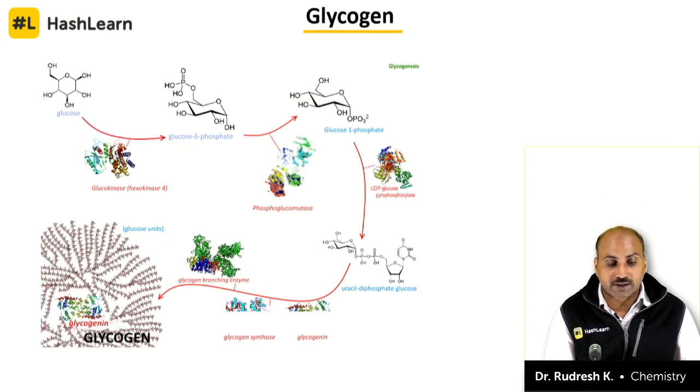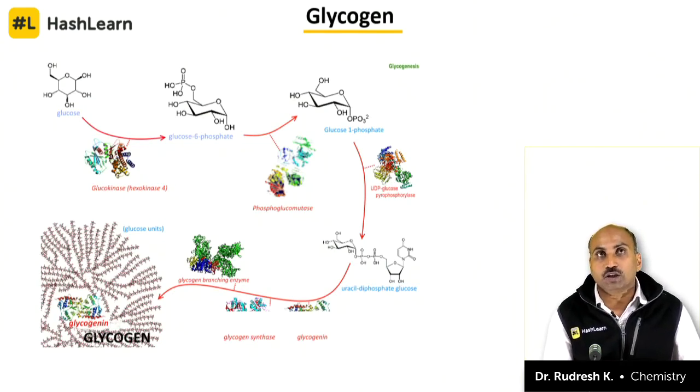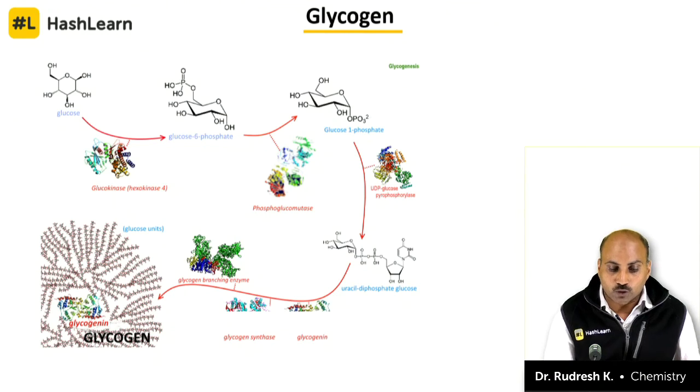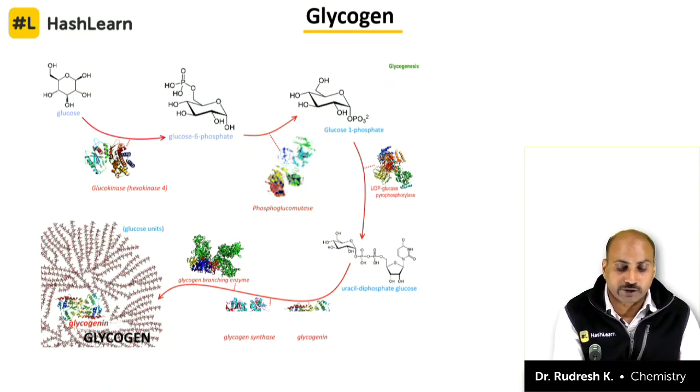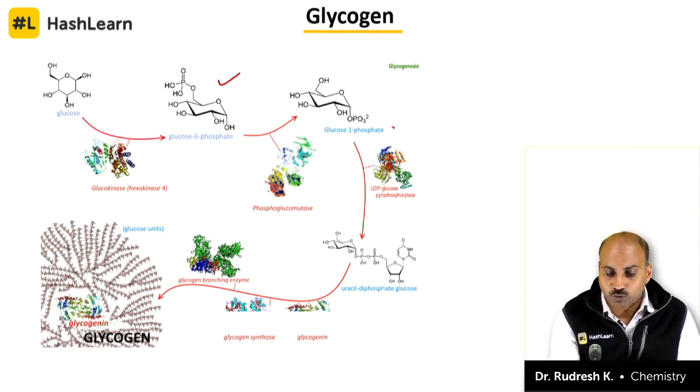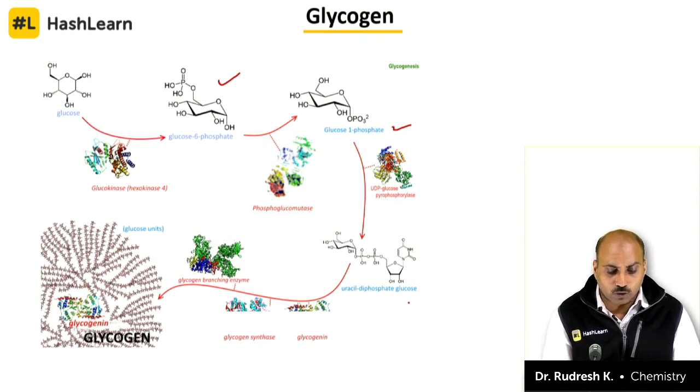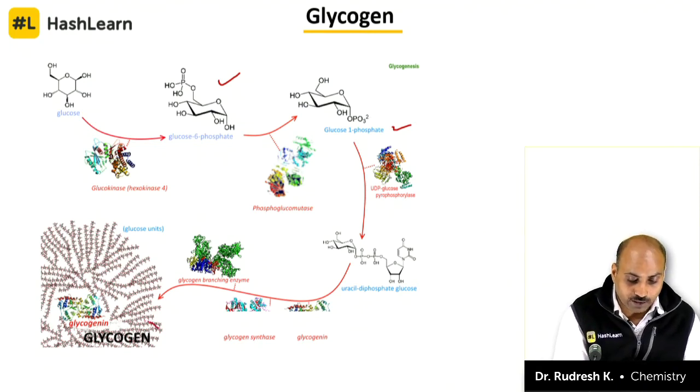Okay. So next we will be talking about the storage polysaccharide of animals, called glycogen. The glucose gets converted through glucose 6 phosphate, then glucose 1 phosphate, and then by using many enzymes, this glucose finally converts into glycogen.